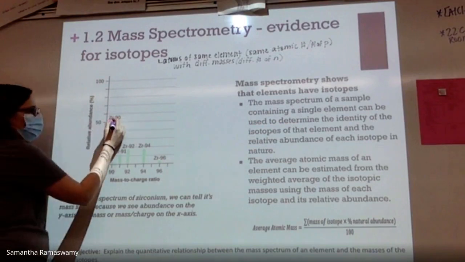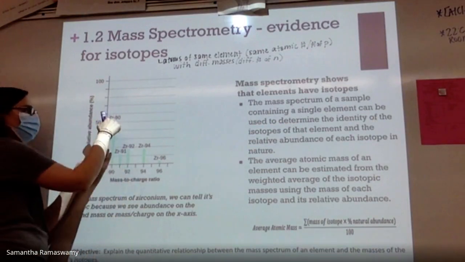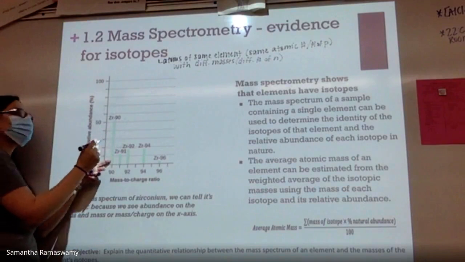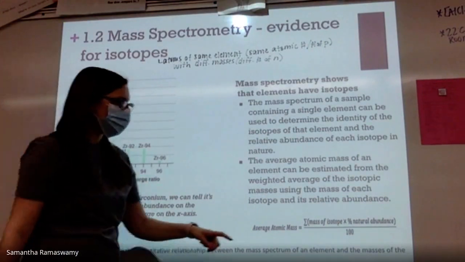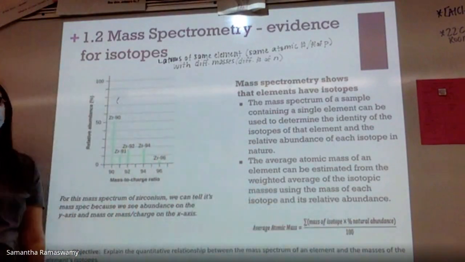So that means that I'm just going to round all of these numbers. I have 50% with a mass of 90. I'm going to use it as a decimal, because notice how it's abundance divided by 100.